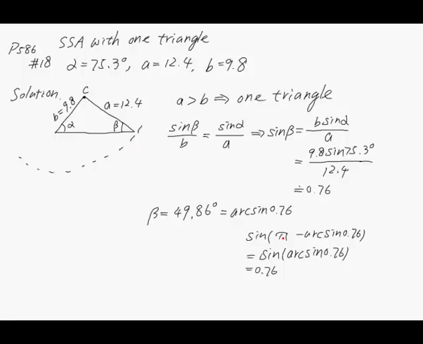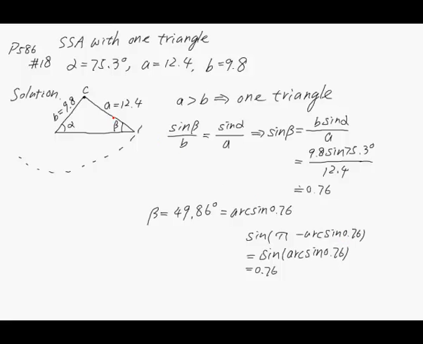Can beta equal pi minus this arcsine 0.76? Yes or no? Why do I just get this angle 49.86, and why do I not take pi minus the arcsine of 0.76?